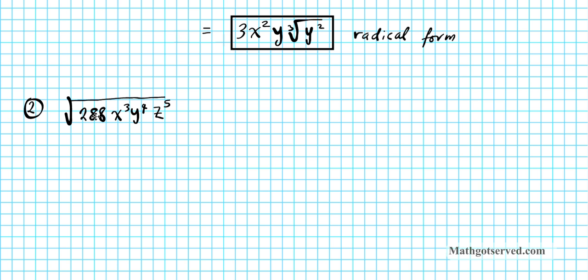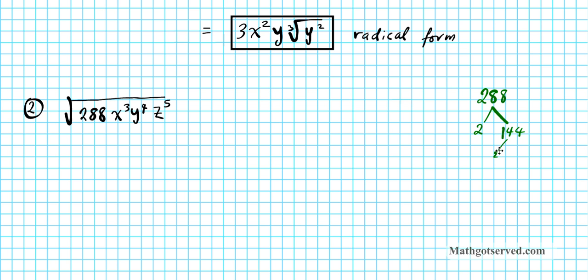Now we need to express this number 288 as a product of prime exponents, all right? So to accomplish that, we're going to find the prime factor decomposition of 288 and then express them as a product of exponents. Since this is even, I can extract a 2. 2 goes into 288 144 times.